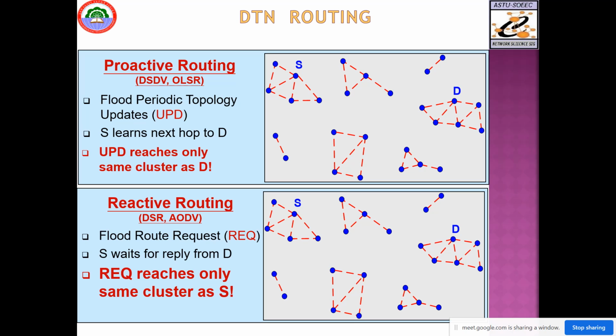So that is proactive and reactive. Whatever intermediate nodes or routers we have, those routers will form an overlay network.